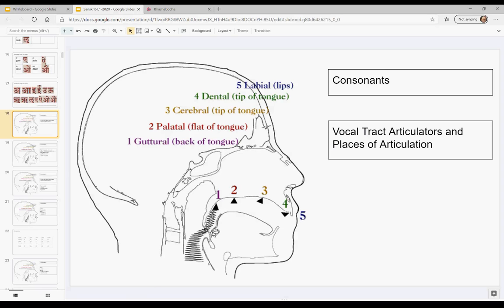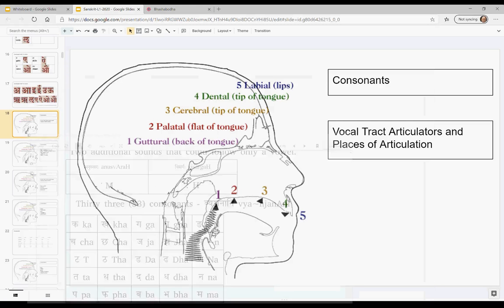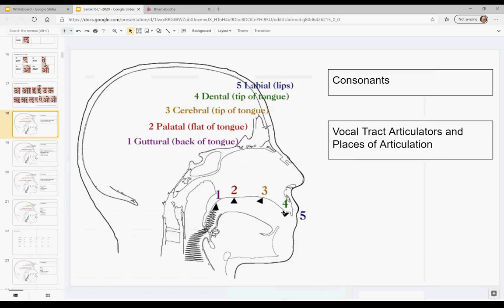The next line of letters, which is ta tha da dha na, is produced by touching the tip of the tongue to the back of the top front teeth. So number 4 here. This position is called danta. Danta means teeth.